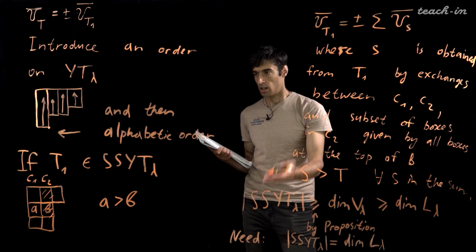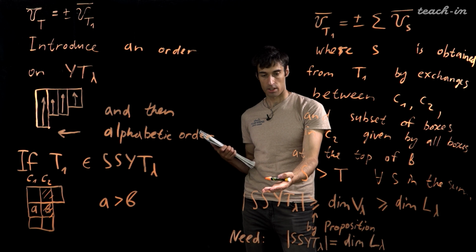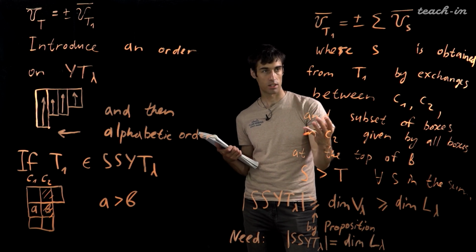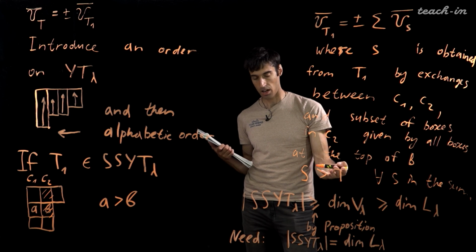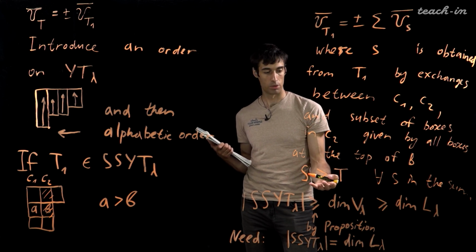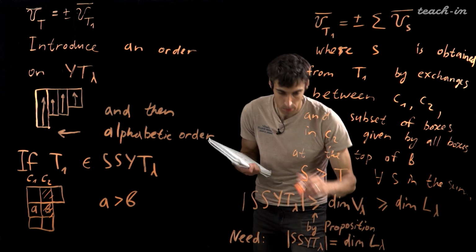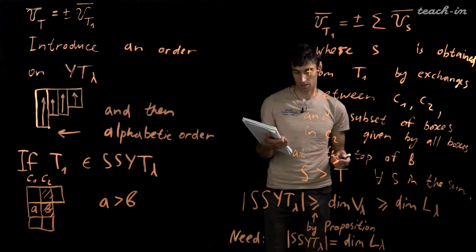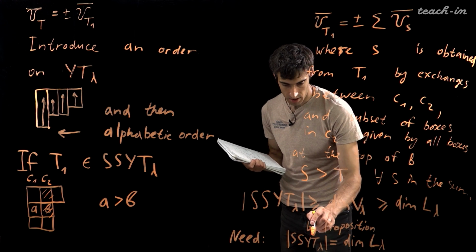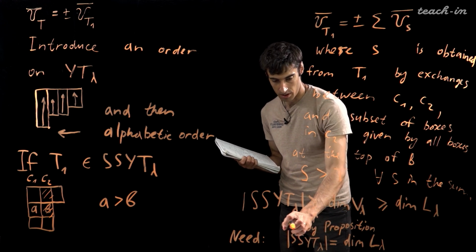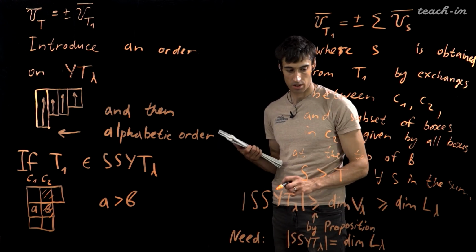we constructed a very natural basis, which is labeled by semi-standard Young tableaux, a very studied combinatorial object, and you can compute stuff using these objects. So therefore, the question is, can we compute the number of semi-standard Young tableaux?